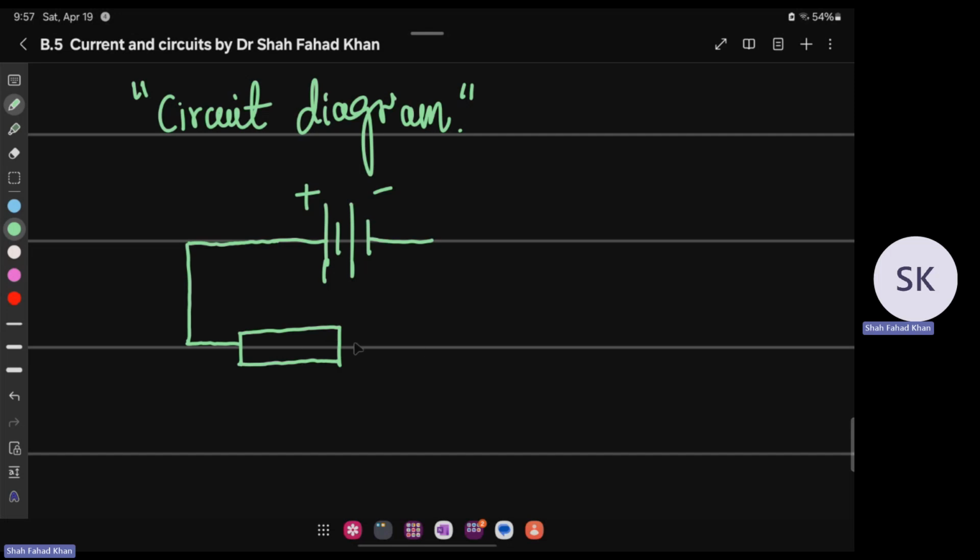This is the symbol of a resistor. Maybe you can have more than one resistor, or some other form of load. Perhaps have an ammeter to measure the current, and maybe a voltmeter as well.